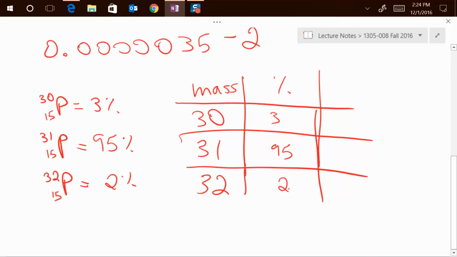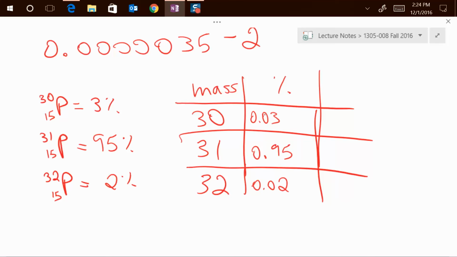Whenever I multiply something by percent, I don't leave it as percent. I change it to its decimal. What is the decimal of 2%? What is the decimal of 95%? I divide by 100, and that changes it to its decimal.